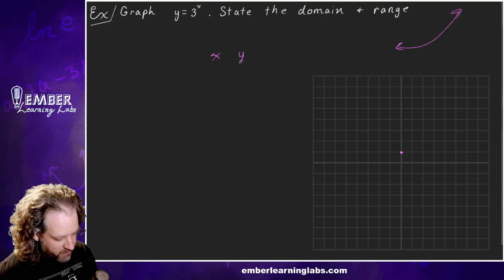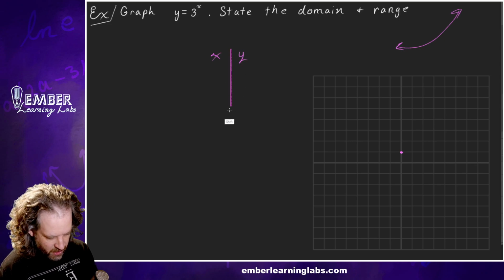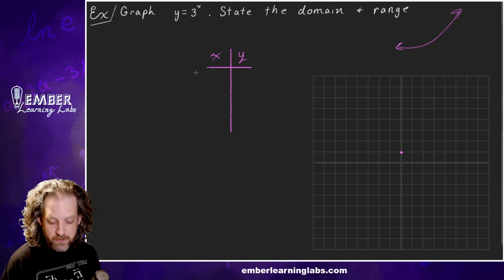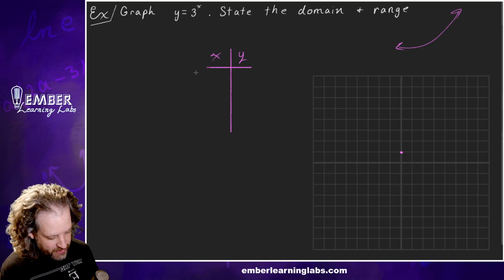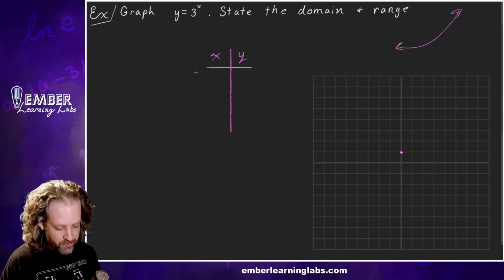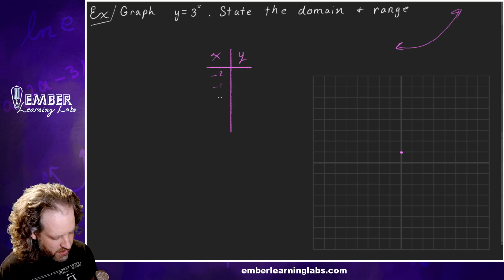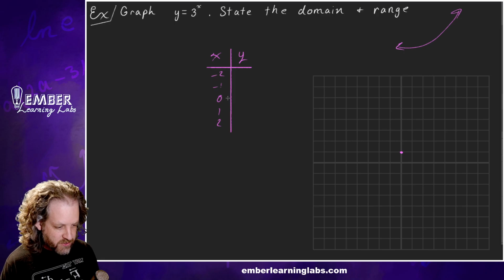Let's do a little table of values and pop them in there, and we'll have a graph. So we're going to do x and y. We know what this looks like, because this is a version of the parent function. So we're going to go with our old standbys of -2, -1, 0, 1, and 2. So we plug a -2 in there. Let me grab my calculator.